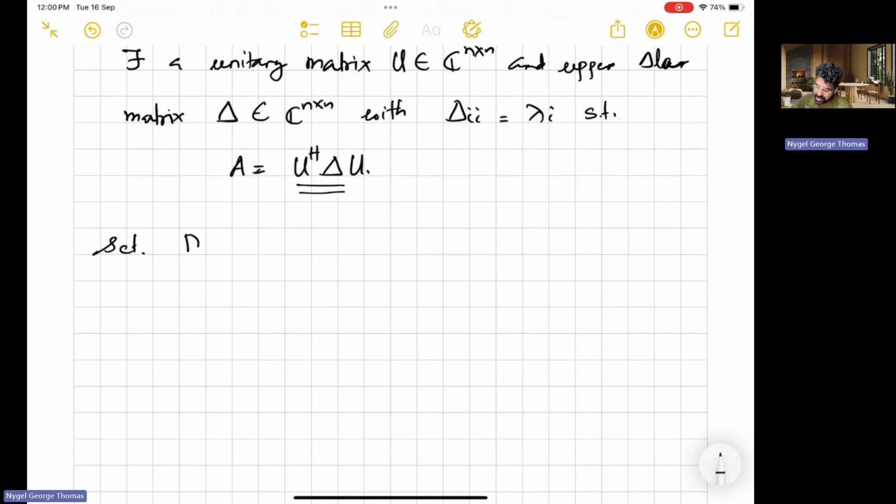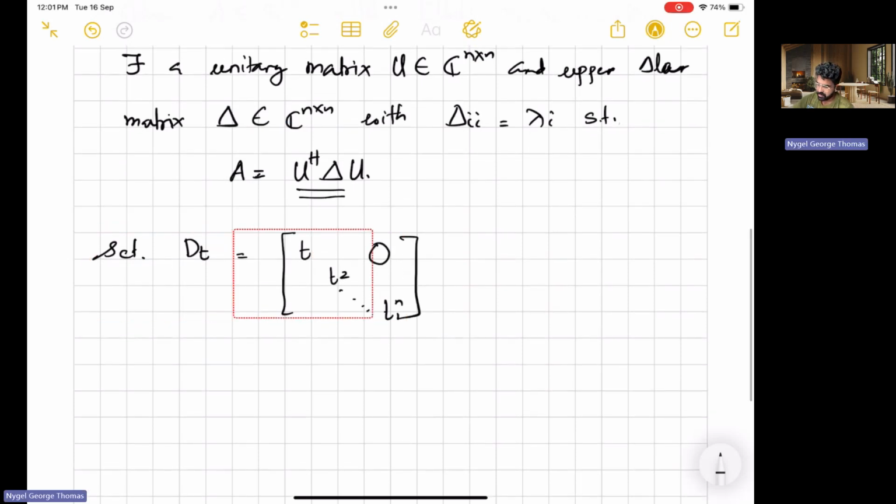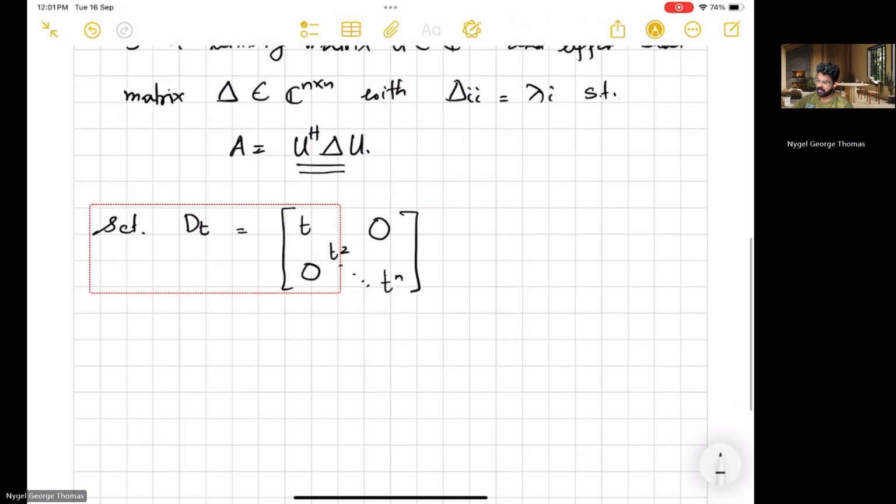Let's construct a matrix Dt, a diagonal matrix, with the diagonal entries being t, t squared, etc., to t raised to n, where t is some value.